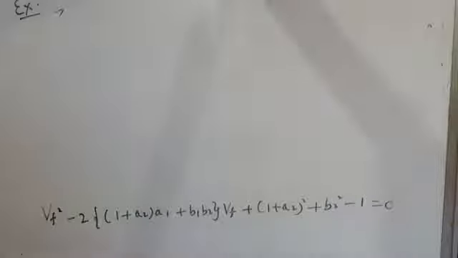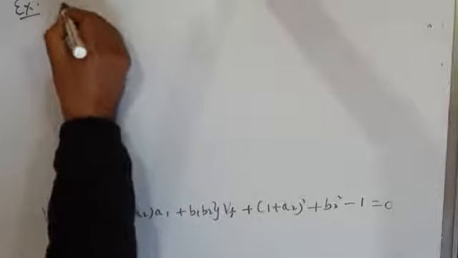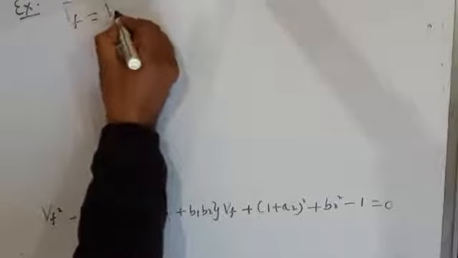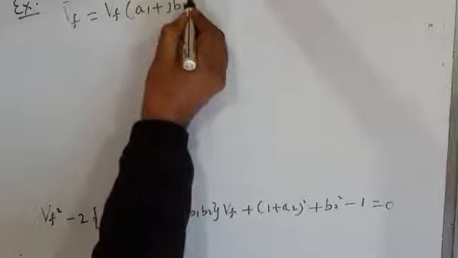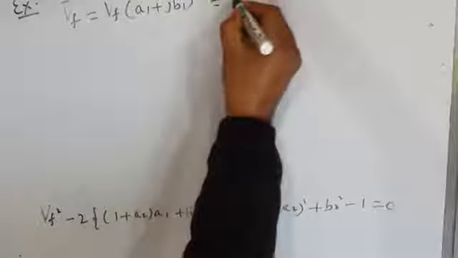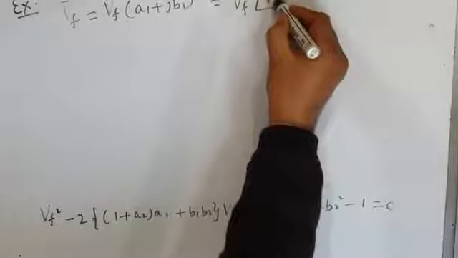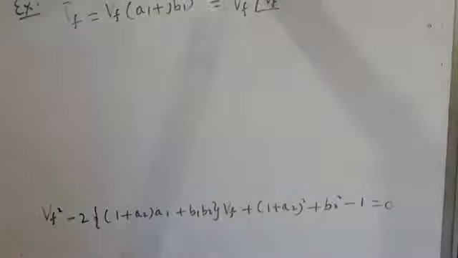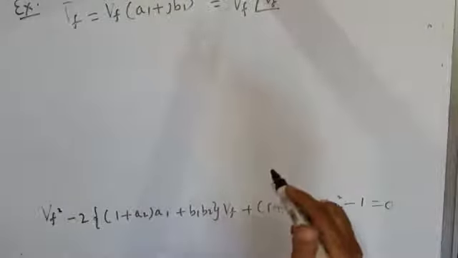Now it's very interesting as far as the DVR injected voltage is concerned. I just told you that we write the DVR injected voltage as VF equals A1 plus JB1, and we also wrote it as VF at an angle of some VF. I told you that when the DVR is used for voltage compensation, it injects the voltage in series with the load so that the load voltage is compensated.